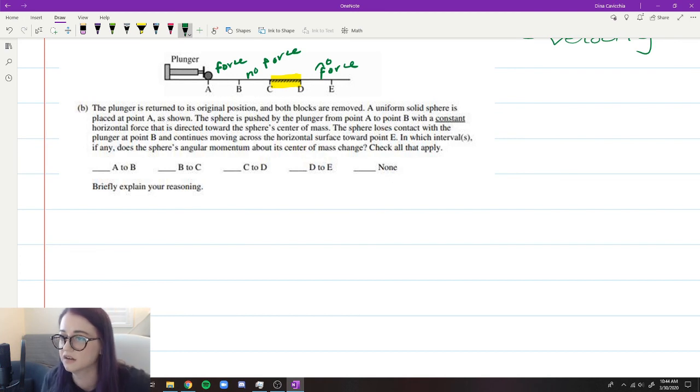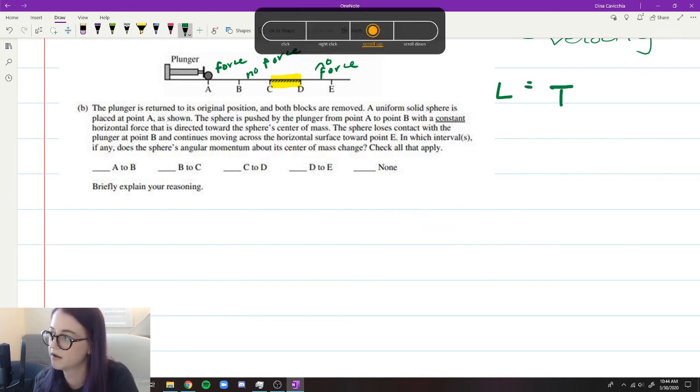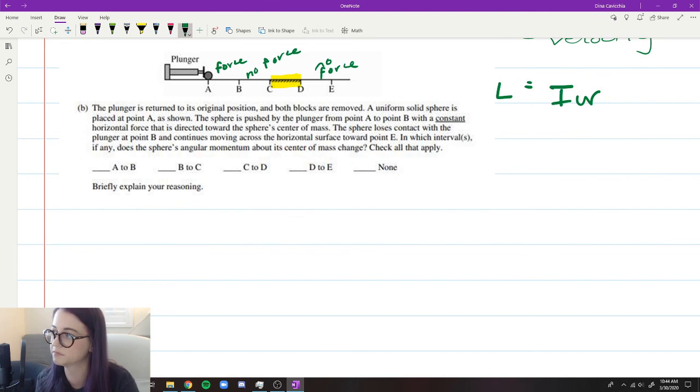Well, let's take a look at what angular momentum is. There's two equations we learned to find angular momentum. L equals I omega, and the change in angular momentum is torque times time. So those are our two equations here.